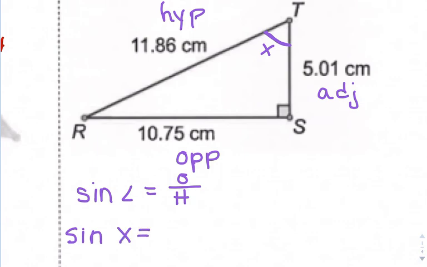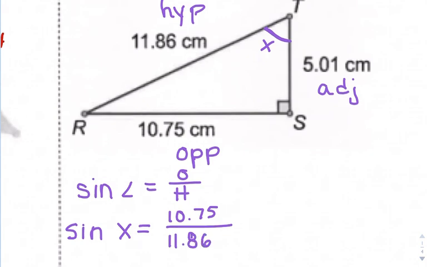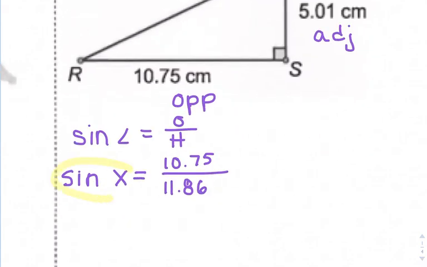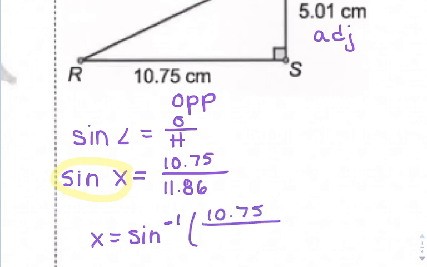Sine x equals 10.75 over 11.86. So again, here's the special case where I have sine and x, so I have to do that special thing where it's the inverse. So it's going to be x equals the inverse of sine of 10.75 over 11.86.